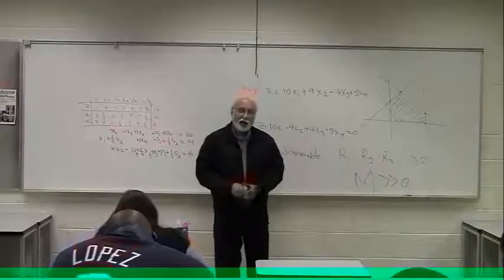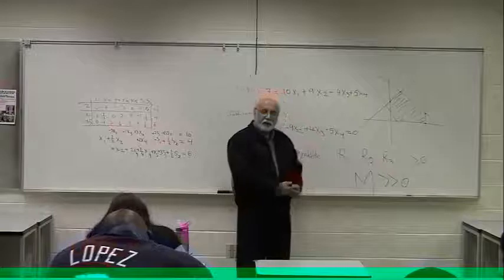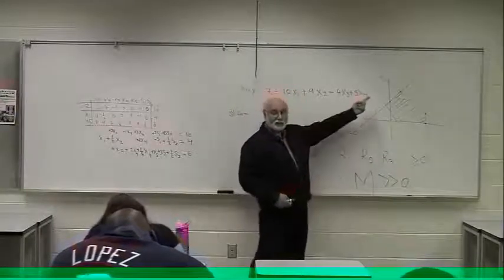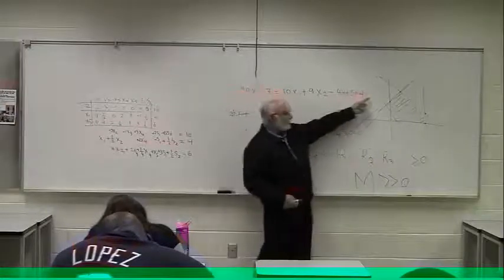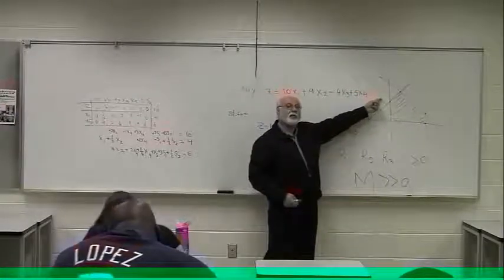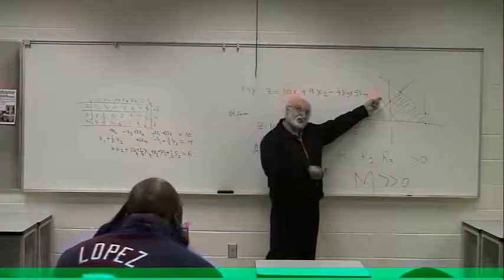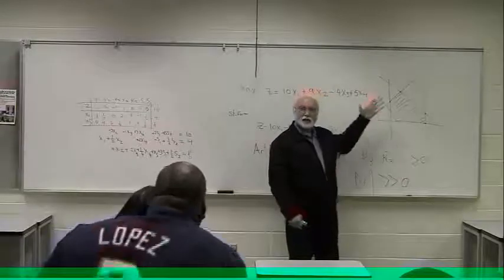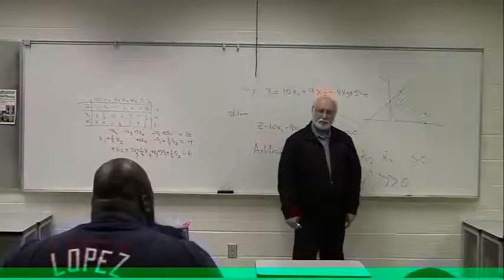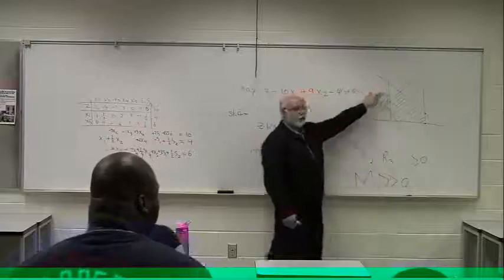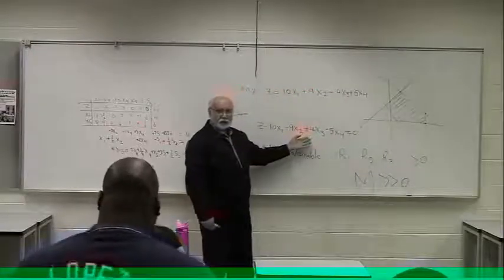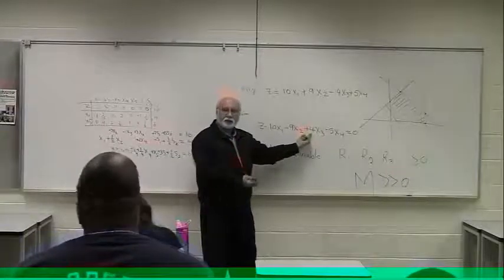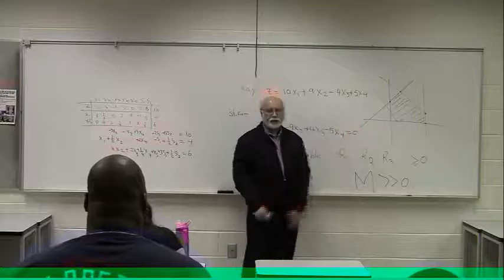So I'm going to add an artificial variable, but at the same time, I'm going to subtract it here. Minus MR1, minus MR2, minus MR3, whatever I have, minus MR4. So when they come back here, they become plus MR1, plus MR2, plus MR3 equals 0.